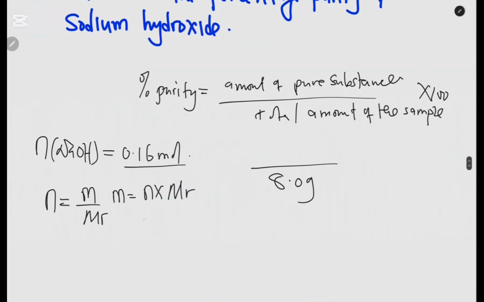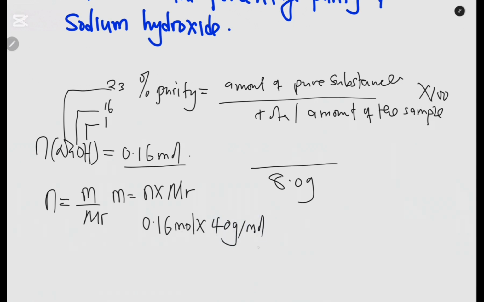Number of moles is 0.16 mole multiplied by the molar mass of sodium hydroxide: oxygen 16, hydrogen 1, sodium 23. So you have 24 plus 16, which is 40 gram per mole.